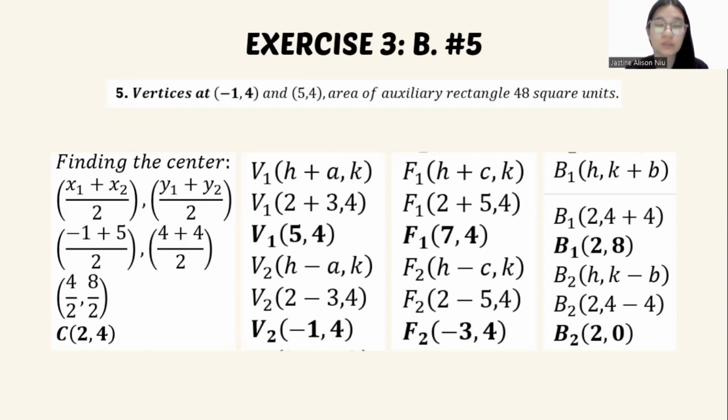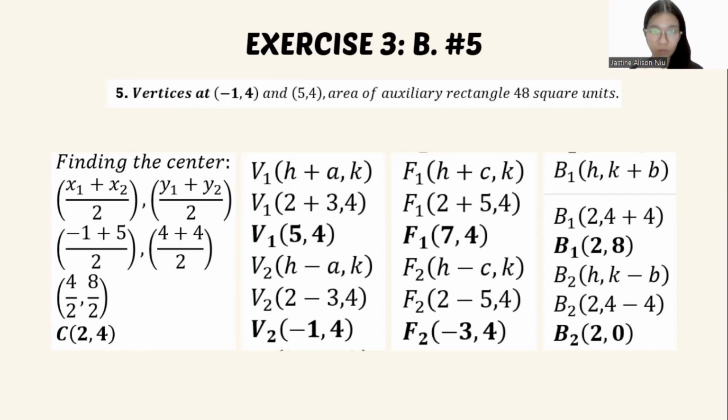So the vertices will be using the formula h plus a and k. Substitute the numbers, so it will be 2 plus 3 and 4. Simplify it, the first vertex is 5 and 4. Then the next vertex is h minus a and k, so it will be 2 minus 3 and 4. The answer will be negative 1 and 4.